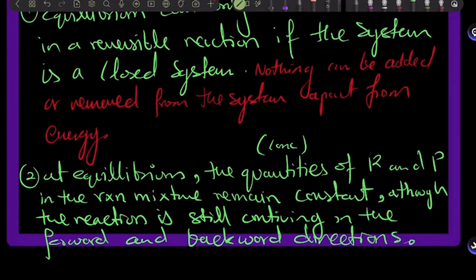The reaction hasn't stopped, but the amounts of the reactants and products will not change when you've reached equilibrium. They will be maintained at that level. Are we clear?